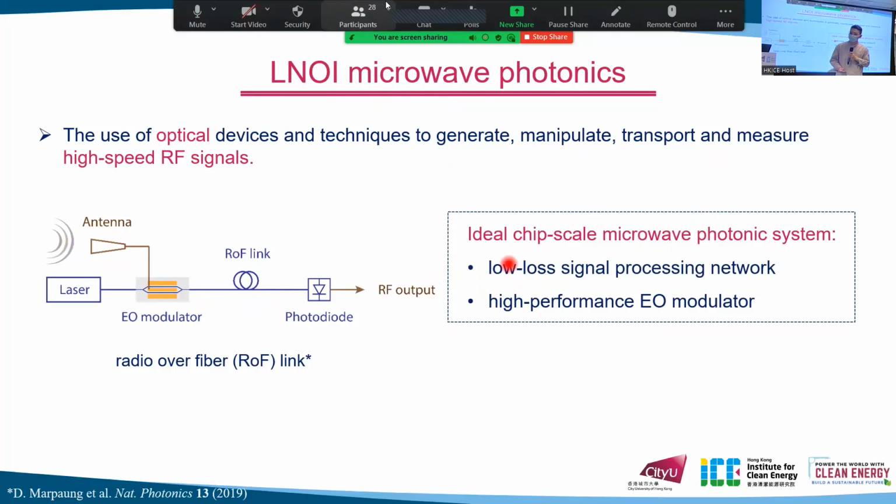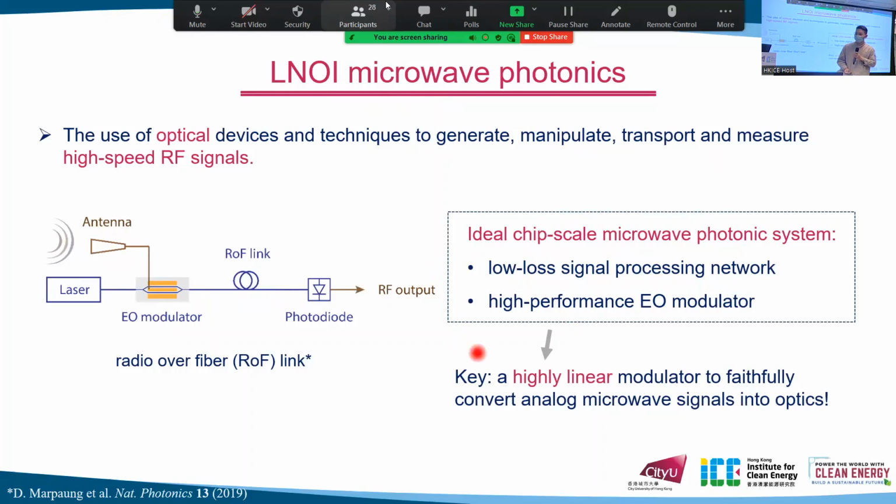First is a very low loss signal processing network, and another is a high performance EO modulator. High performance means a highly linear modulator, which can faithfully convert analog microwave signals into optics.